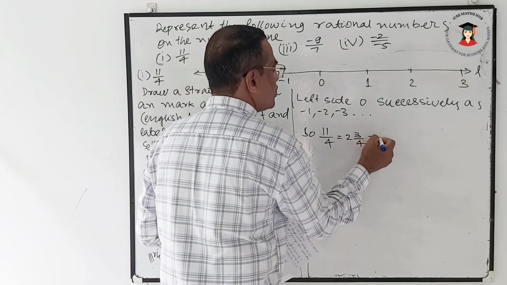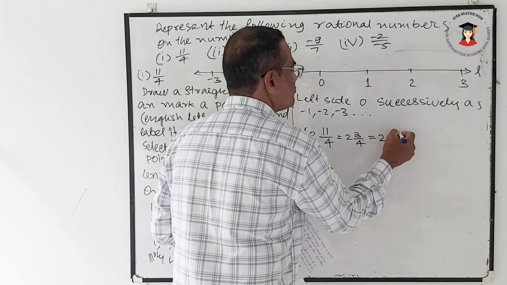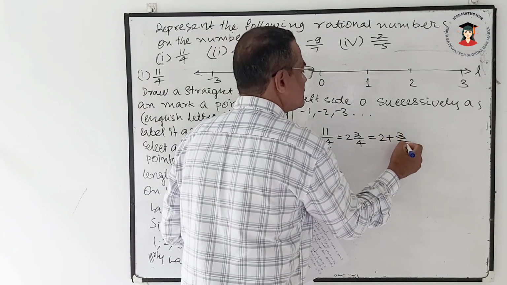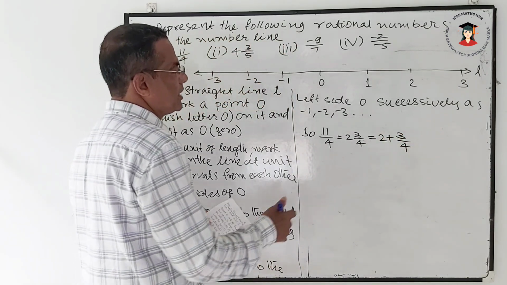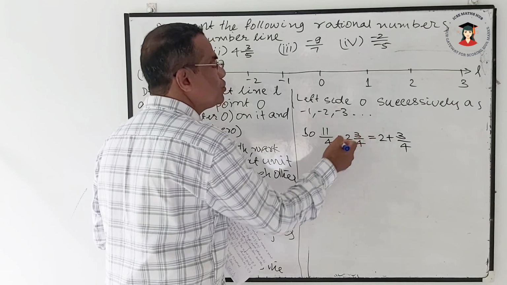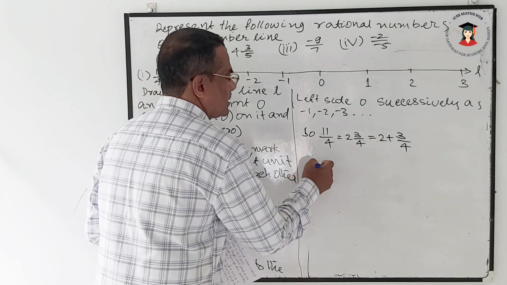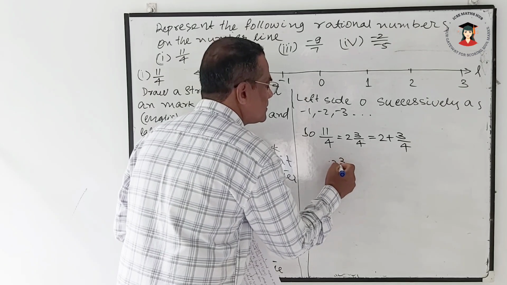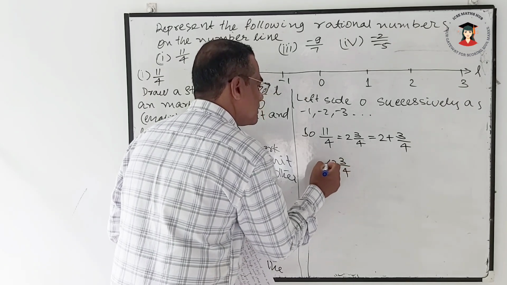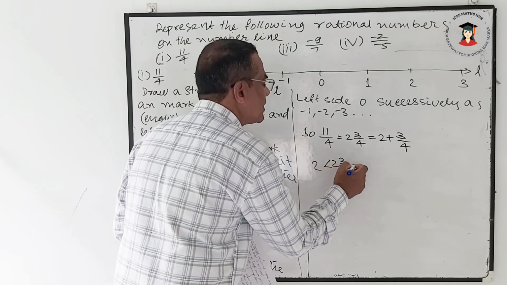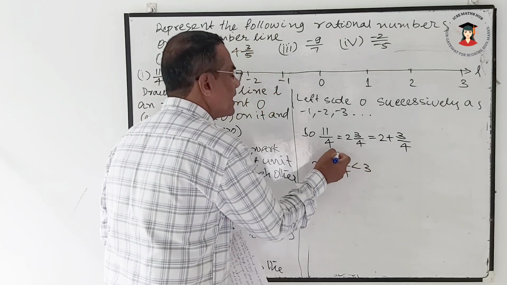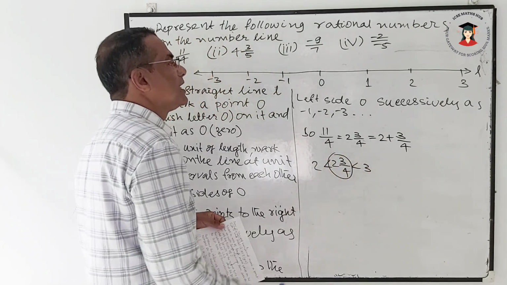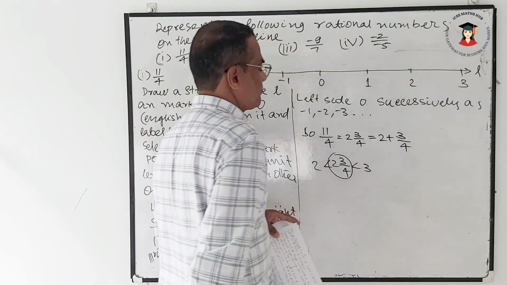And this is equal to 2 plus 3/4. That means our number is 2 and 3/4, which is greater than 2 but less than 3. So the number 2 and 3/4 lies between 2 and 3.